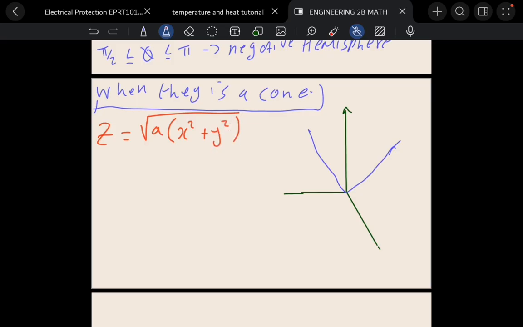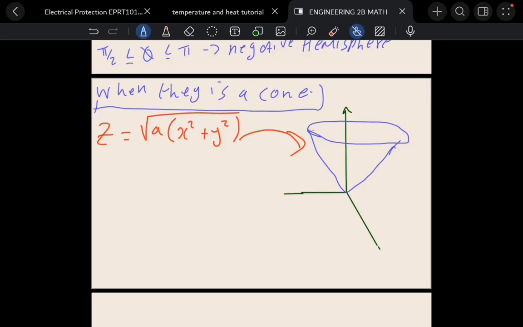Now, that is an equation of a cone, a positive cone. A positive cone will be looking like that. Right? Keep that in mind.